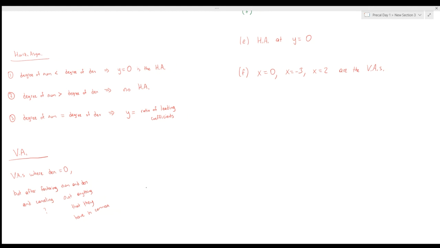That said, that doesn't mean that this is useless for you guys. I think it does help to have another way of solving those types of questions so that you can maybe check your work, or maybe you'll know what the answer is ahead of time, and that will guide you in solving your question using limits and doing it the calculus way. Okay.